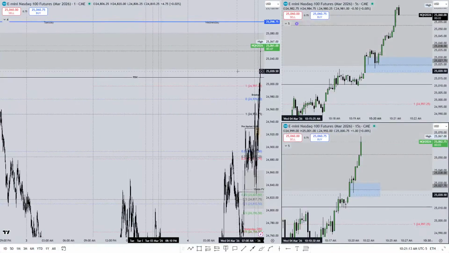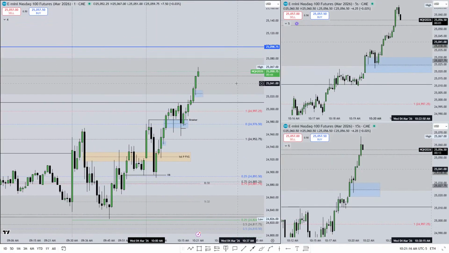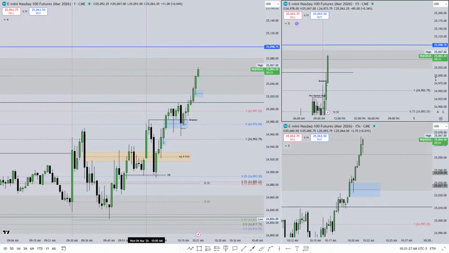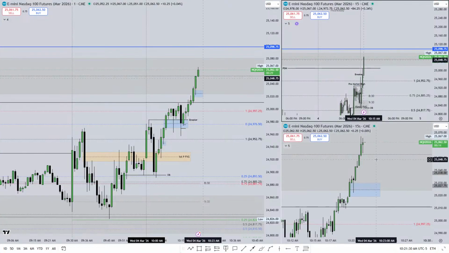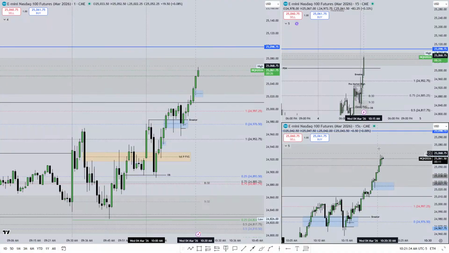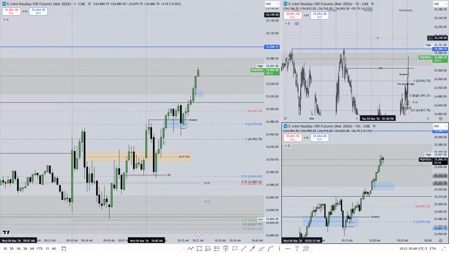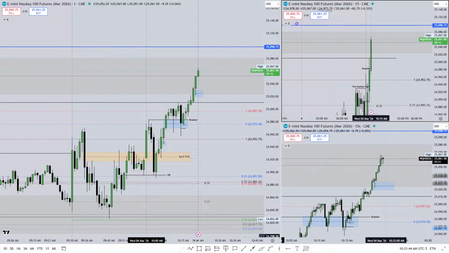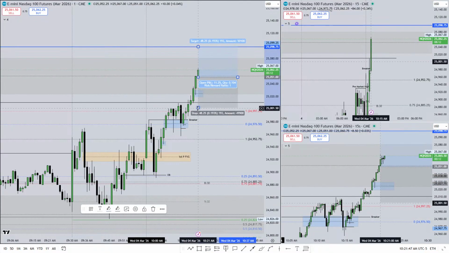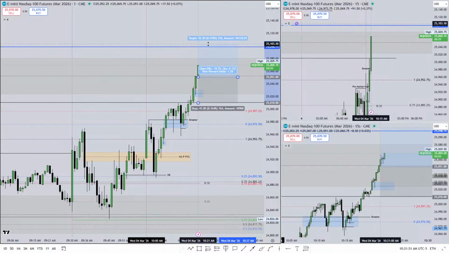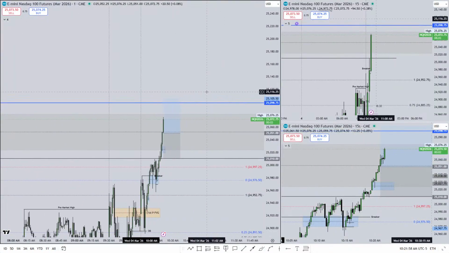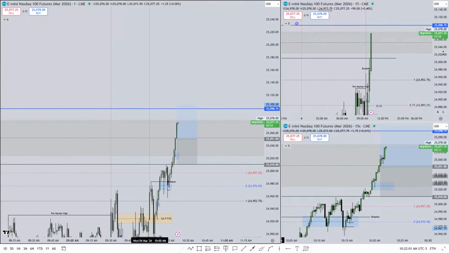Now it's just tough because we're so close up here. I just haven't trusted runs like this recently because of the consolidation profile.